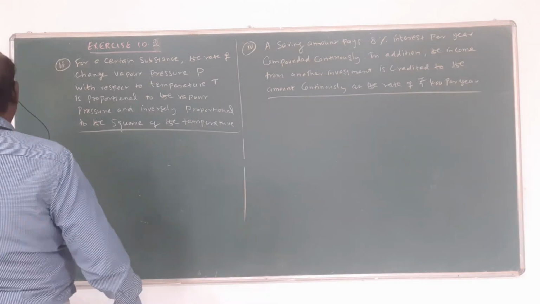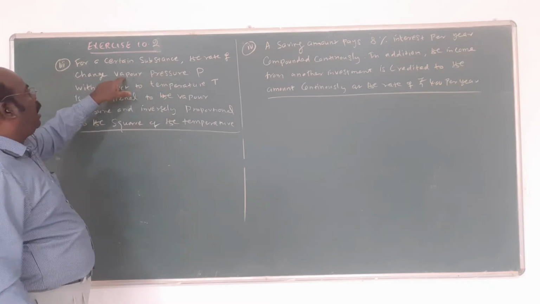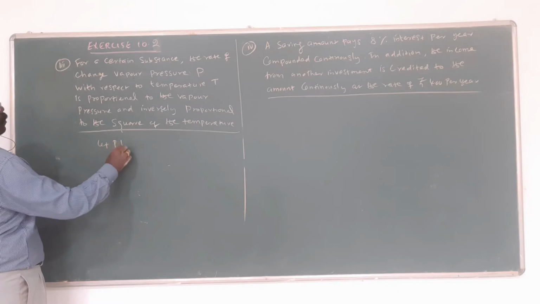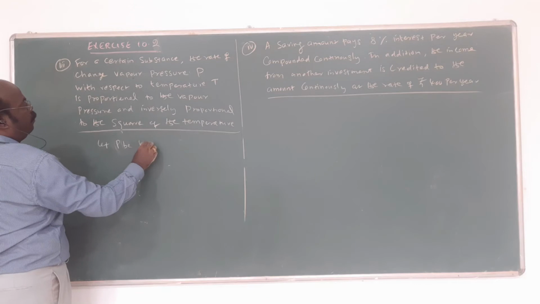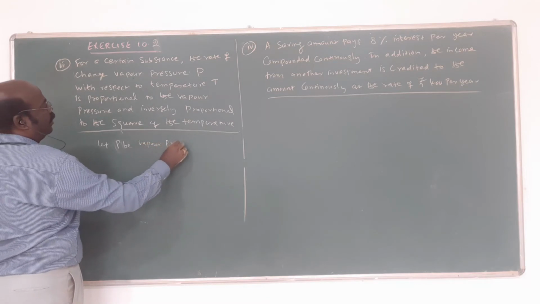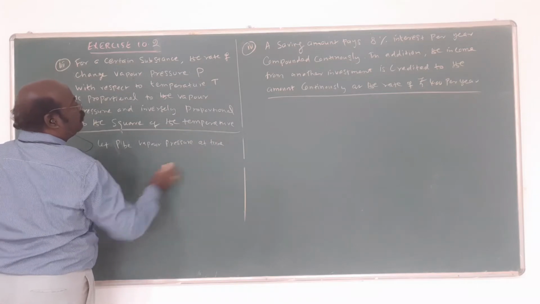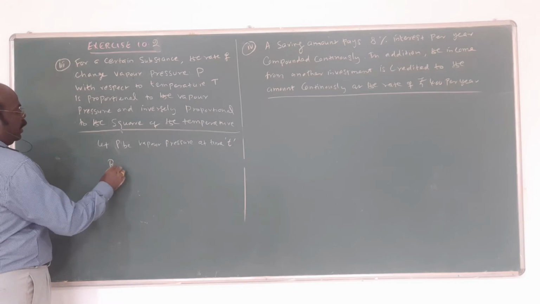Now the third question. For a certain substance, the rate of change of vapor pressure P. Let capital P be the vapor pressure at time t. Am I right? What is given?